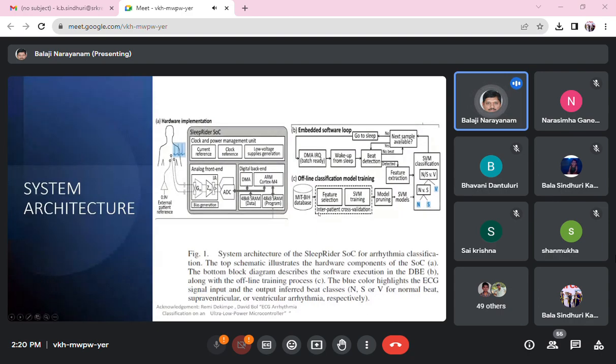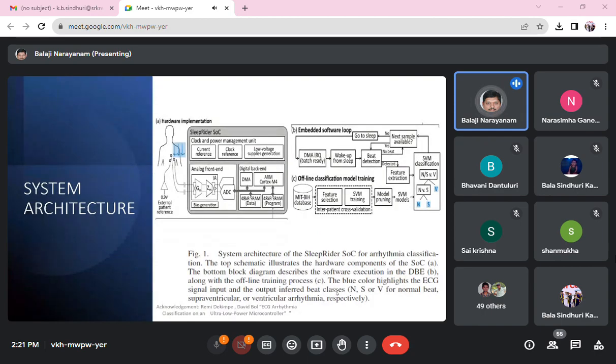When it comes to the block diagram of the offline training process, here we have an embedded software loop, and for classification purposes, we are making use of, as we said, a support vector machine, SVM classification, where the blue color highlights the ECG signal input and the output inferred beat classes.